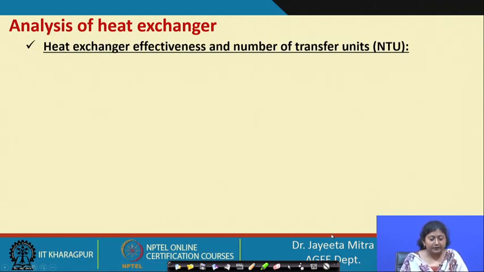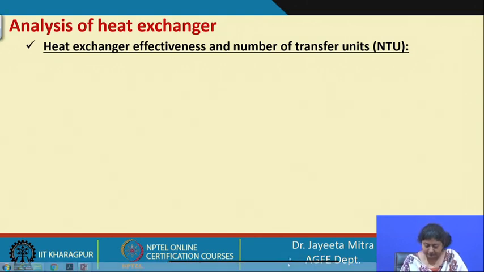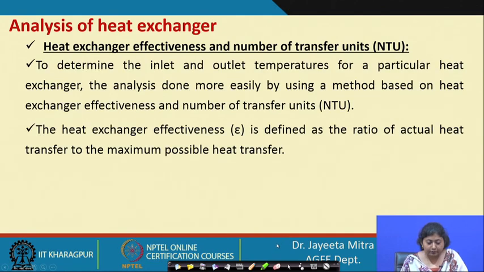Now, heat exchanger effectiveness and number of transfer units. Effectiveness is very important. In general terms, effectiveness means what is the maximum possible heat transfer that we can get out of the heat exchanger. We need to look at what the actual heat transfer happening is and what the maximum heat transfer can be, and the ratio of these will be termed effectiveness.